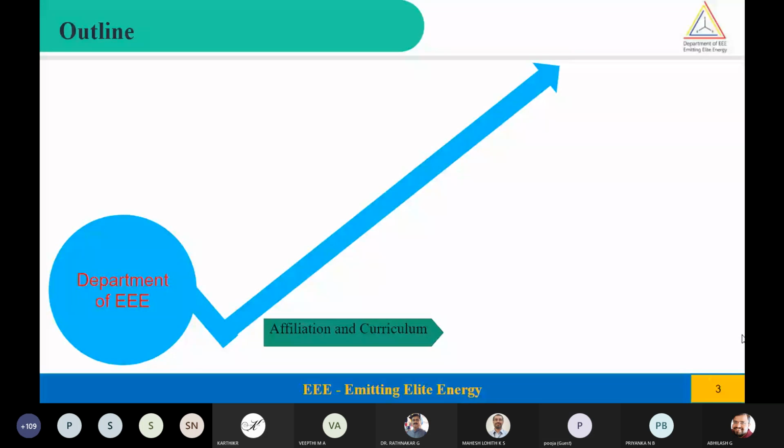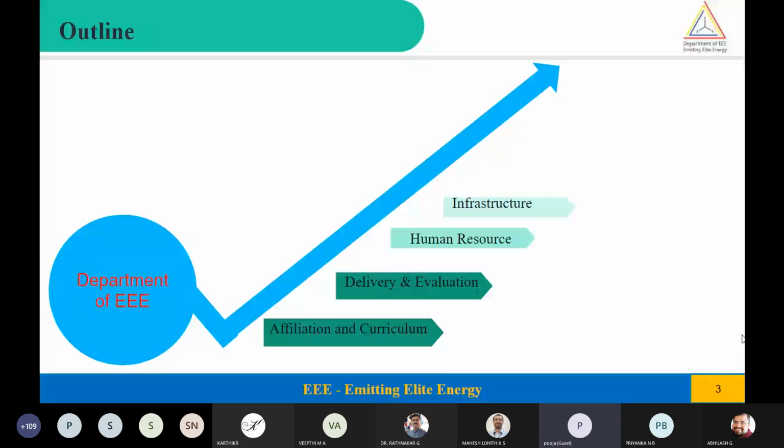To which university my department is affiliated and which curriculum we are following, and how we are offering that curriculum, and how we are evaluating, and what the human resources of our department are, what their qualification is, what their experience is, and what the infrastructure in place is, like labs, classrooms, project labs, any research labs, any other additional facility that supports teaching and learning for you, and how our quality of education compared to any other college is different.